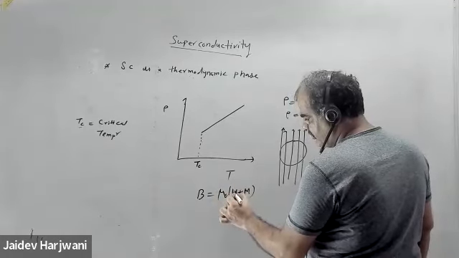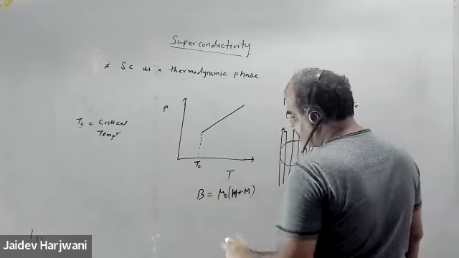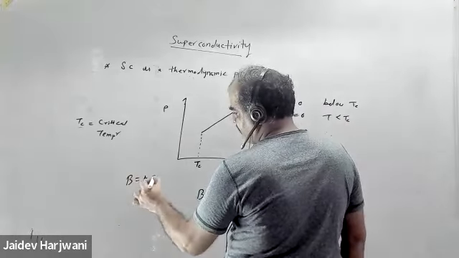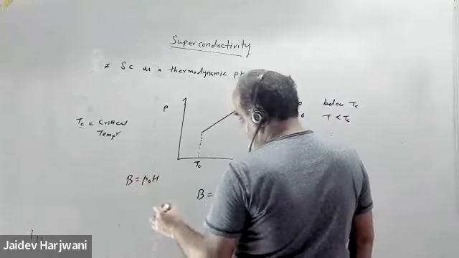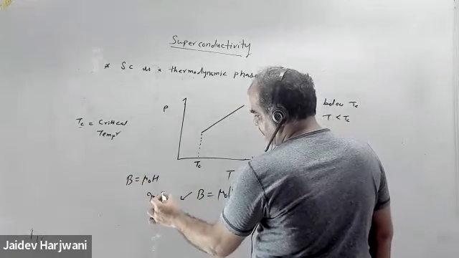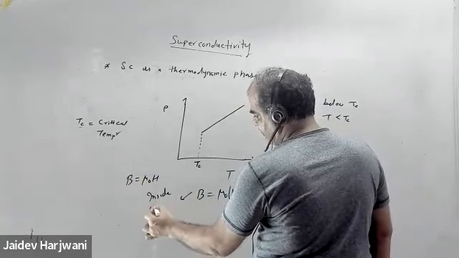If it is a vacuum, you know B is mu 0 H. Inside the material, B is given like this.